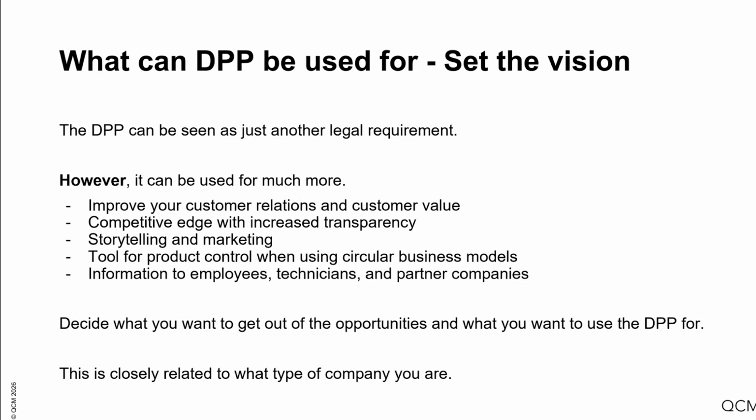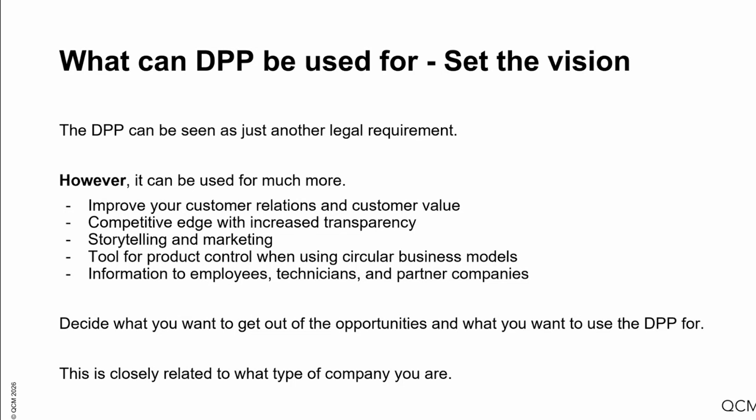You can use it for product control using circular business models. We'll come back briefly to business models soon. You can use it actually internally, information to employees, technicians, and partner companies. We talked to people working in shops. So they realized that it would be wonderful to have a DPP so they knew the content of products that are in the shop.